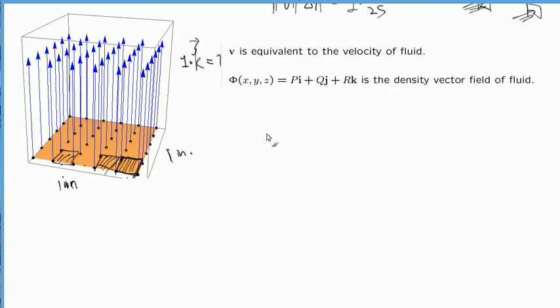But you can imagine if I choose a point somewhere in x, y, z space, the fluid is flowing this way. If I choose this point, it's flowing this way. So all different. And then the vector field of the fluid density vector is changing everywhere, right? That's the more interesting thing, and the Riemann sum is absolutely required to handle that. So phi is now the fluid density vector.